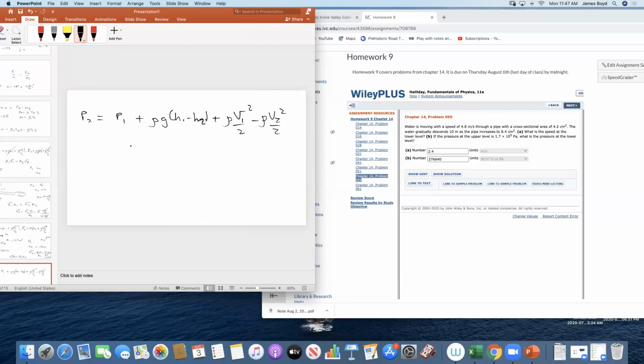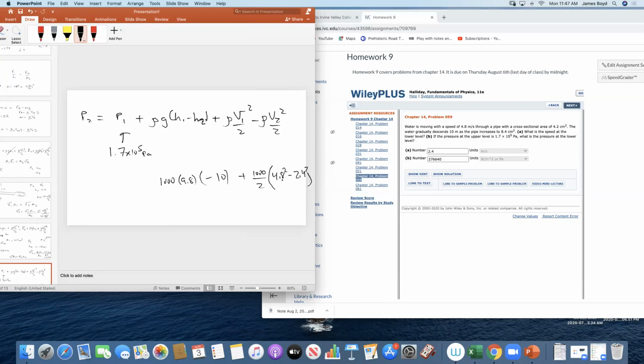So let's look at each of these terms. This was 1.7 times 10 to the 5th pascals. This was, let's say, 1,000 for water times 9.8. H1 was 0, so this is minus 10 because it went down 10 meters. And then finally, 1,000 over 2. What was V1? 4.8. 4.8 squared minus 2.4 squared.